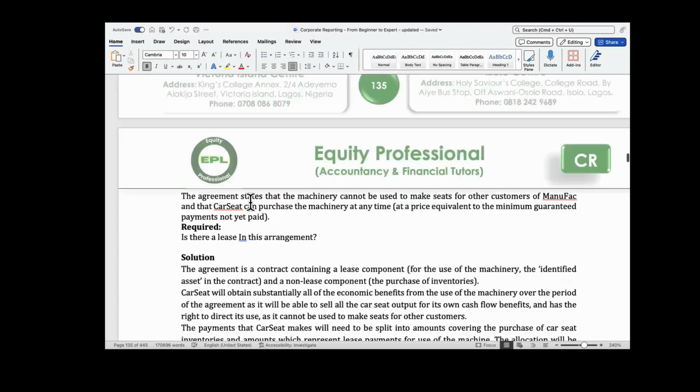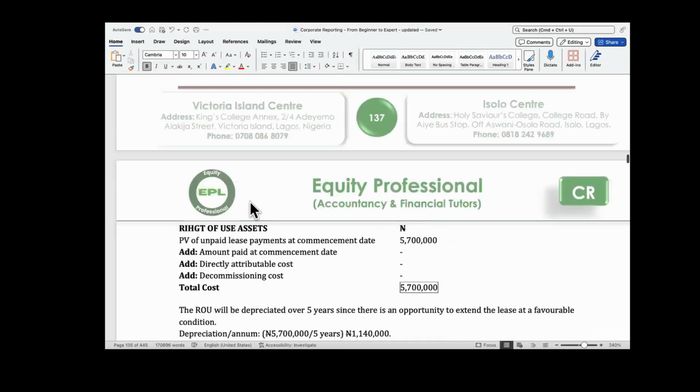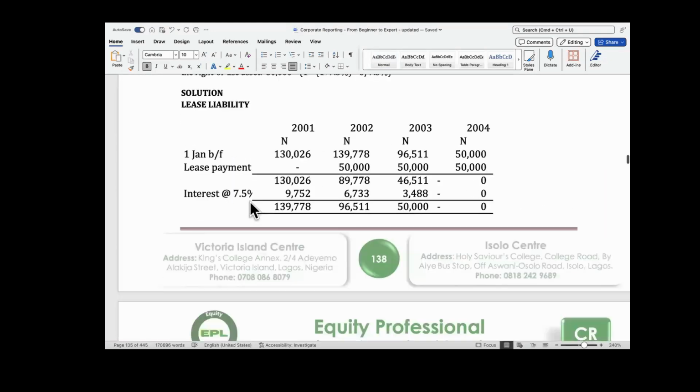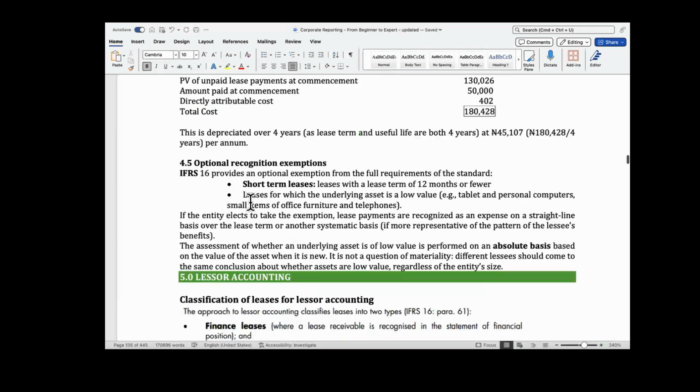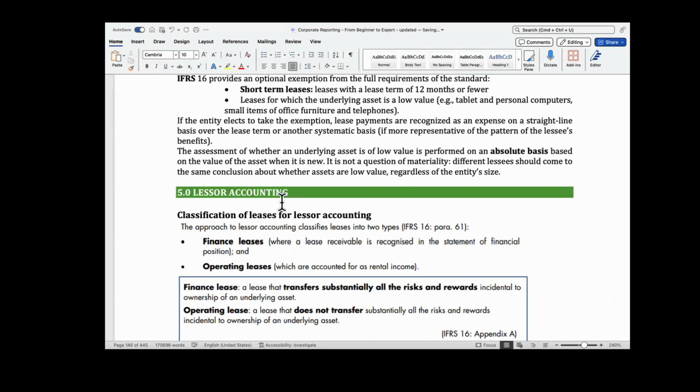Today, we solved this question. I explained all of this to you last week. Today, we are going to be starting with lessor accounting. For the lessor is the owner of the asset. He owns the asset.